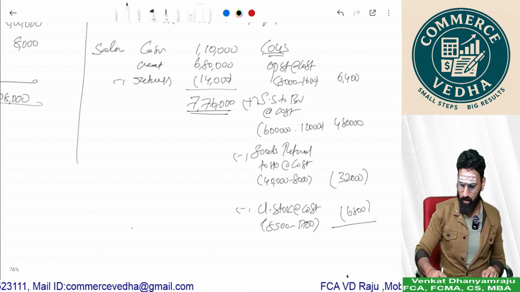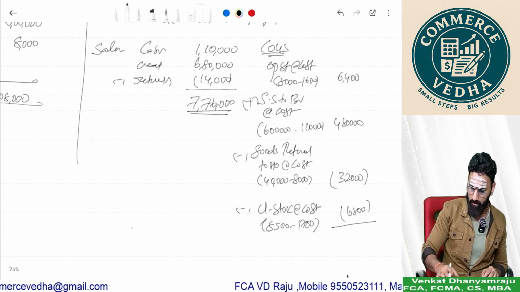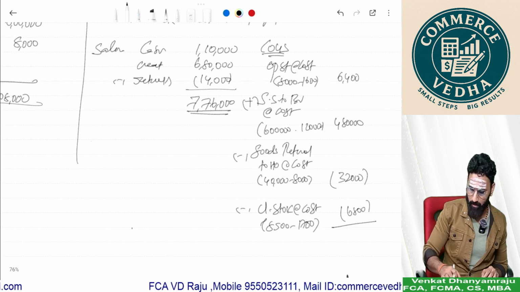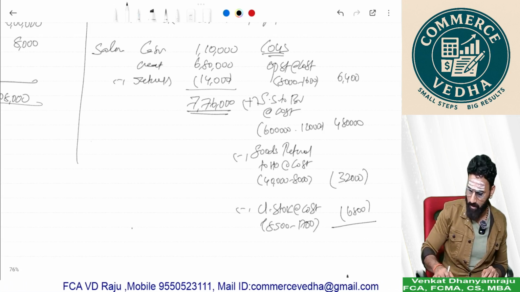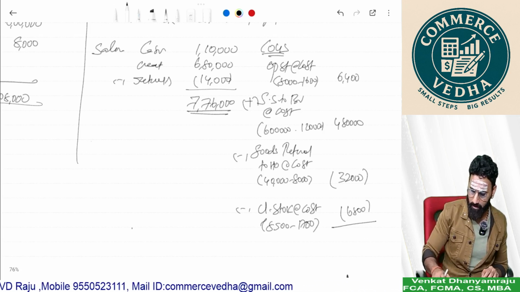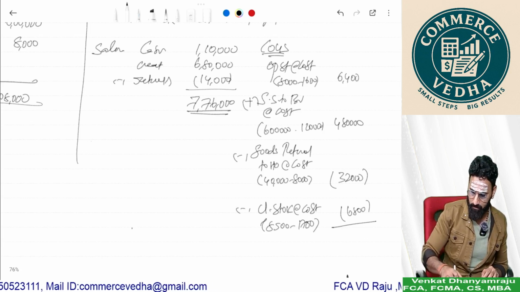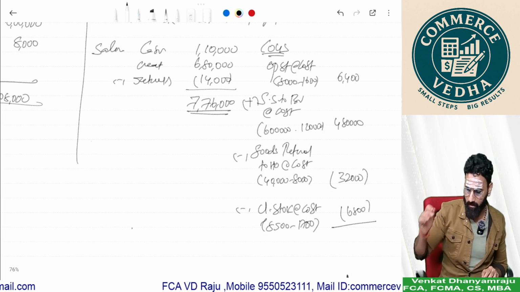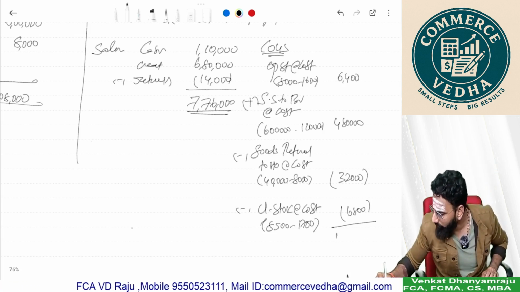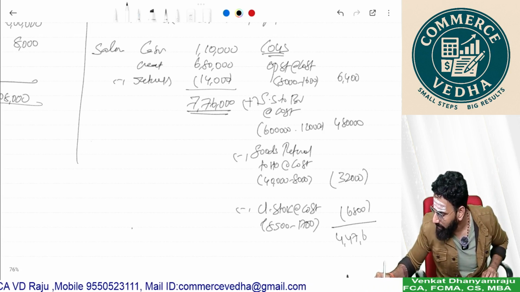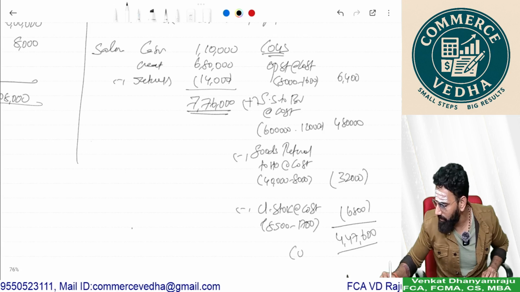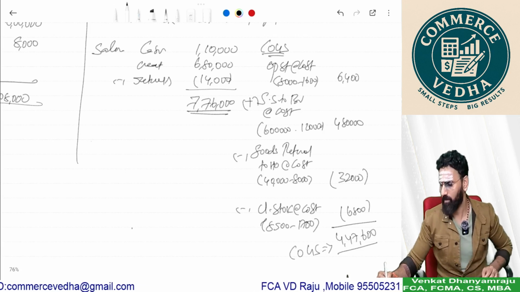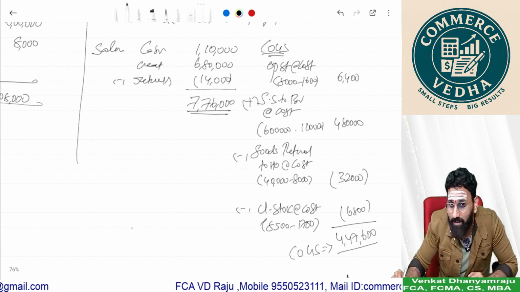So my total cost of goods sold is 6,400 plus 4,80,000 minus 32,000 minus 6,800, which is 4,47,600.